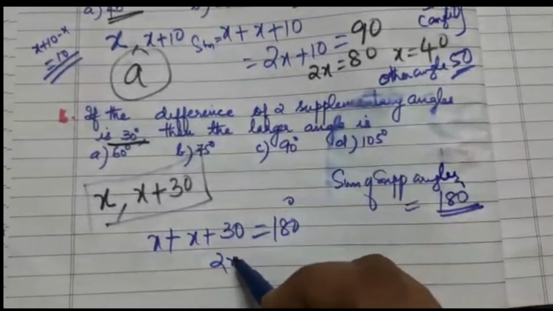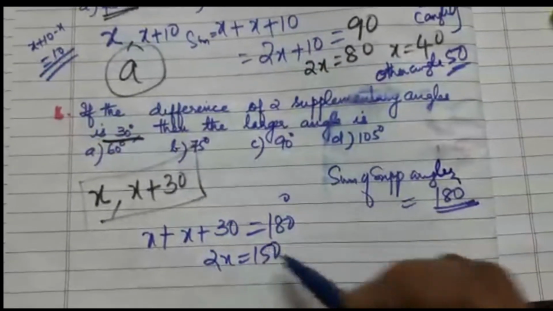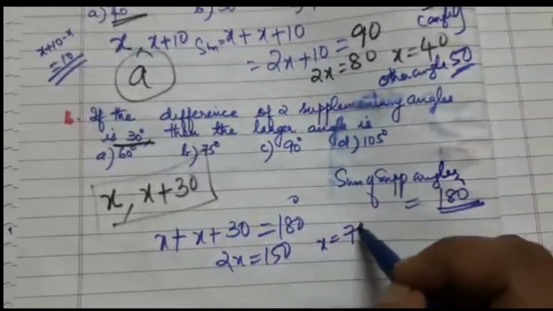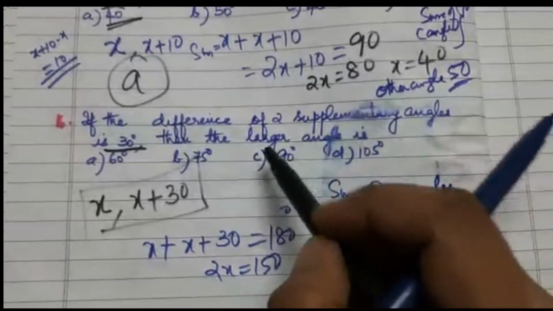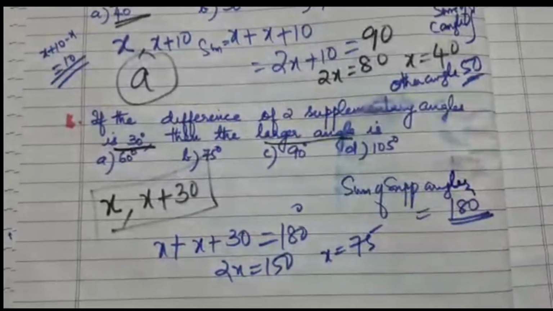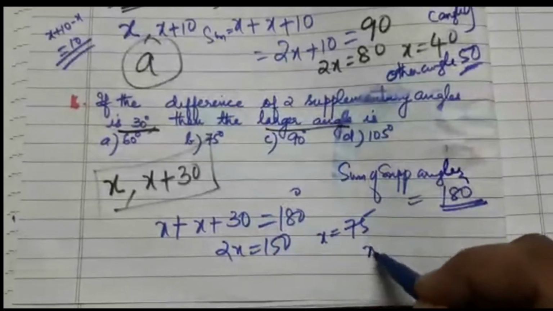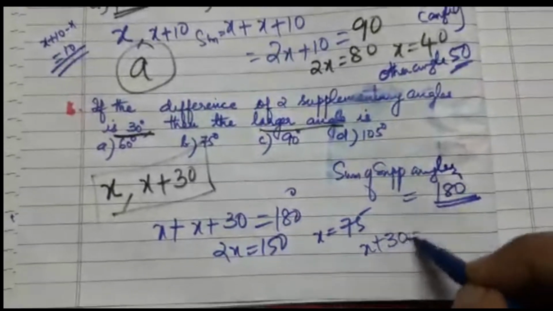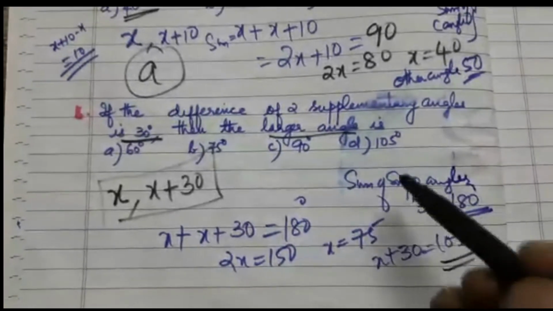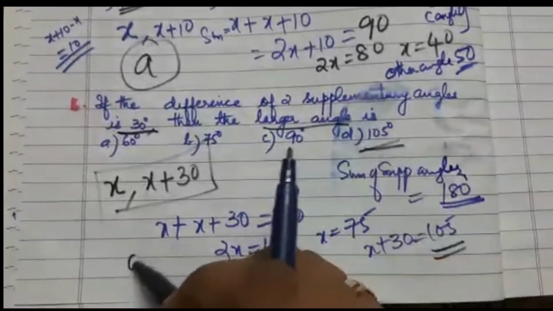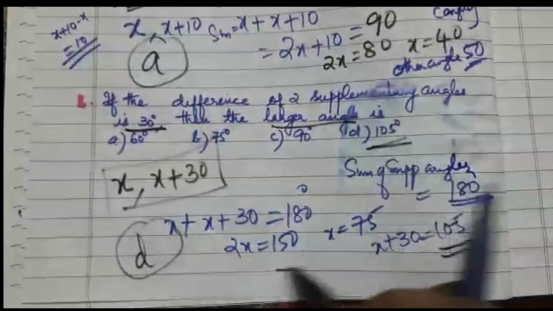So 2x equals 150. So what is x? 75. What is asked? They have asked for the larger angle. So x is this one. So x plus 30 is 105. So the larger angle is 105. Which is this? That is answer D.